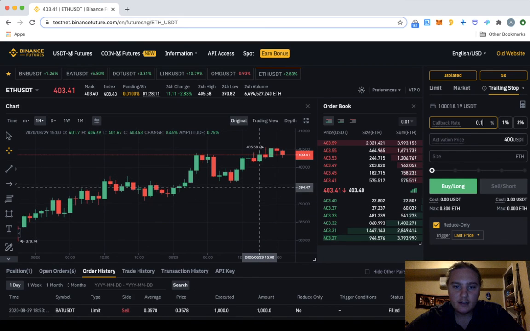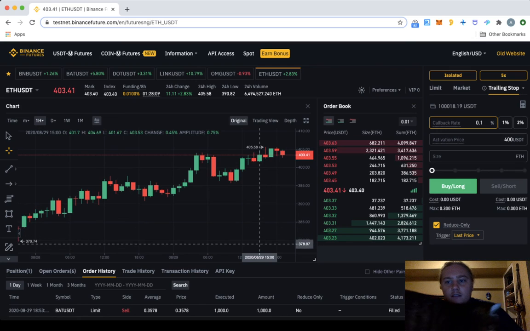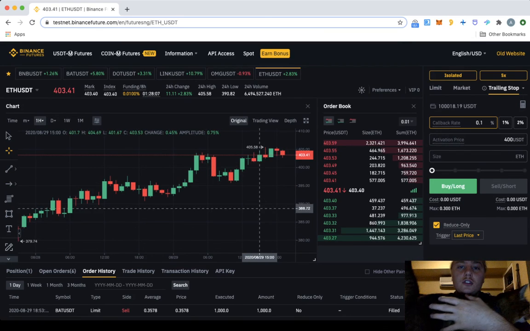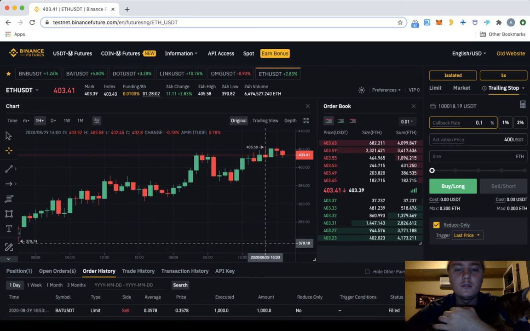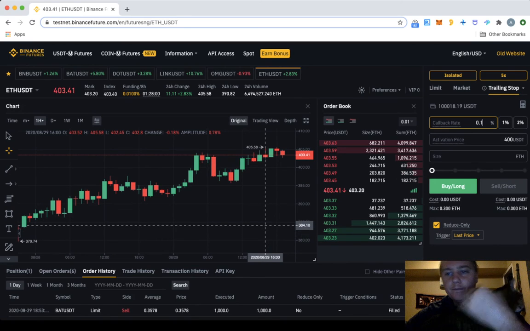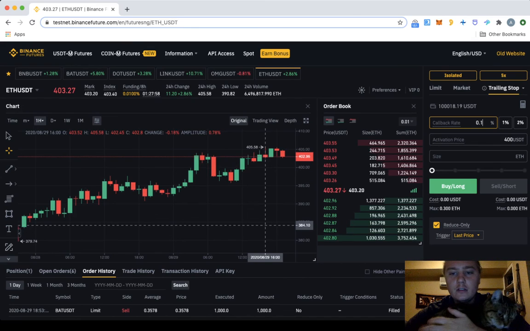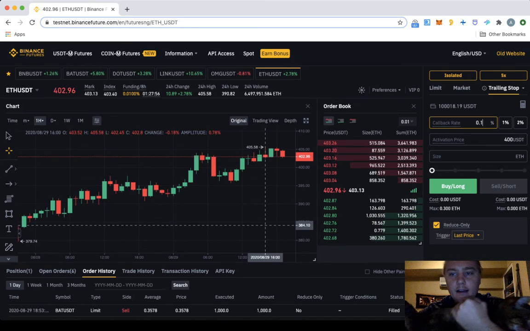So the idea is that it drops, and this follows this drop, and from the lowest price it won't trigger until 1% back above that. So it's a little bit of a gamble. Again, not my favorite type of trade that you can make, but definitely an important one in an investor's toolbox.